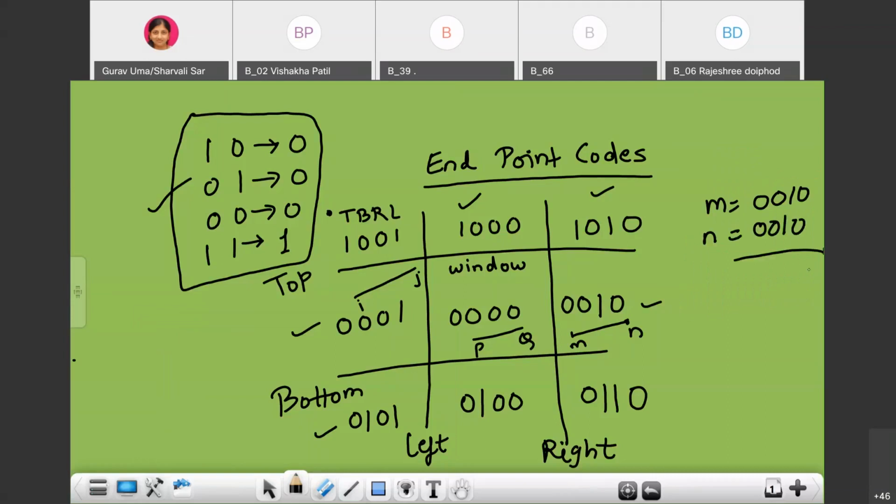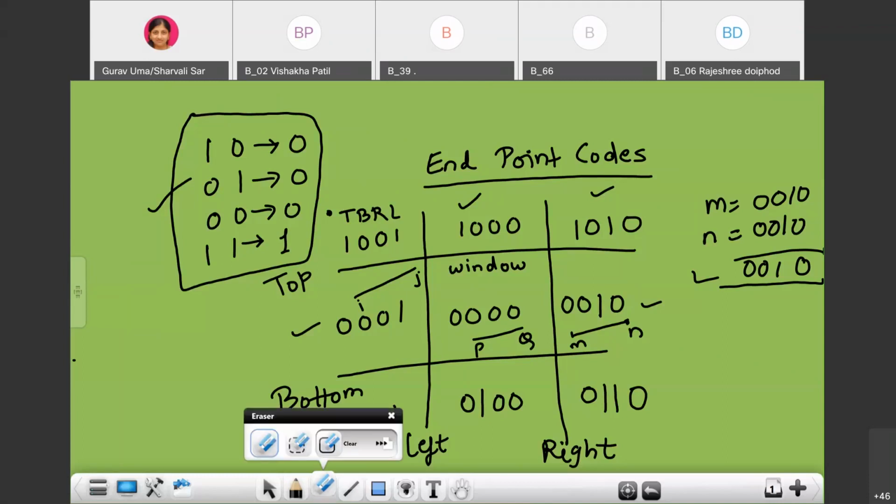So the output is 0, 1 1 is 1, 0 0 is 0, 0 0. The output is not all zeros, so this line is completely outside the window. If two points have the same code and it is not all 0, then the line is completely outside the window. And if two points have the same code and the output is 0, 0, 0, all zeros, then the line is inside the window.